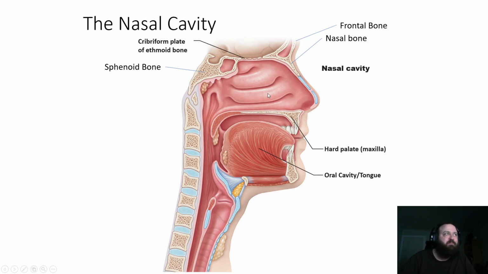But the nasal cavity is split into 2 chambers. There's a midline nasal septum, and there's a bone called the vomer bone, which I'll try to remember to show you when I show you one of the actual pictures of a skeleton later on. Just superior to the nostrils, where the air enters into the nose, is the nasal vestibule. This is lined with skin containing sweat glands and hair follicles.